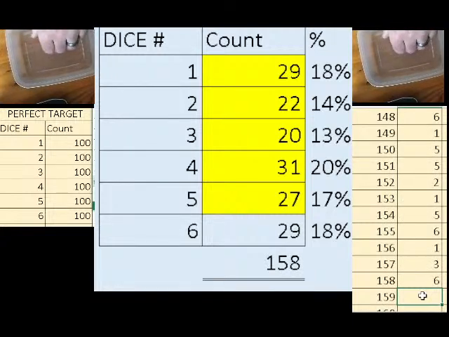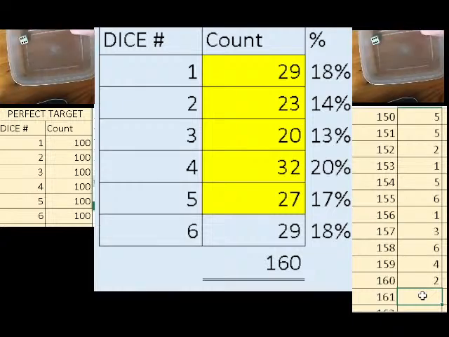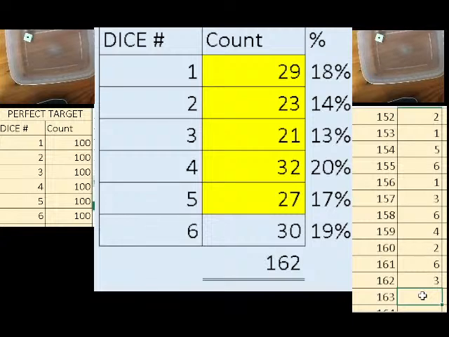I'm going to be happy every time I see a 3. Okay, a quarter away there. Rooting for number 3.